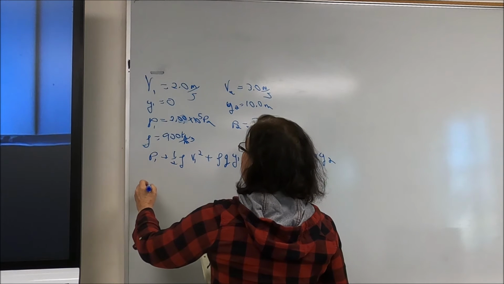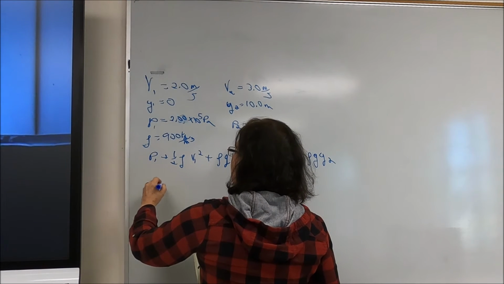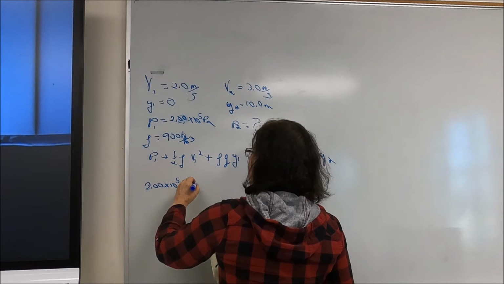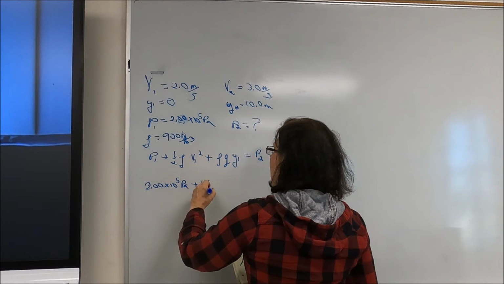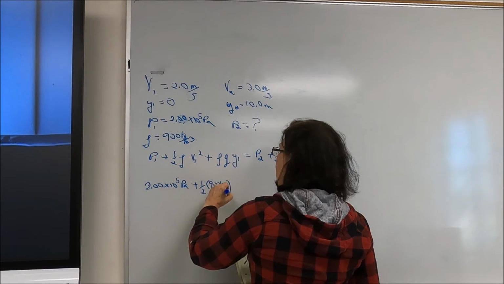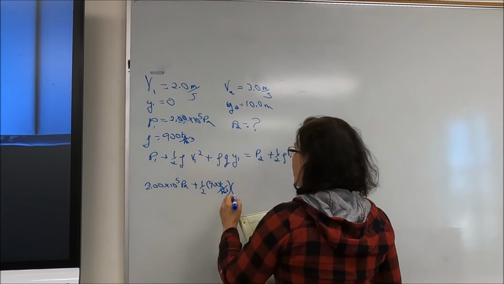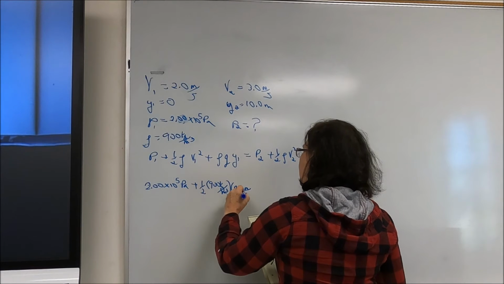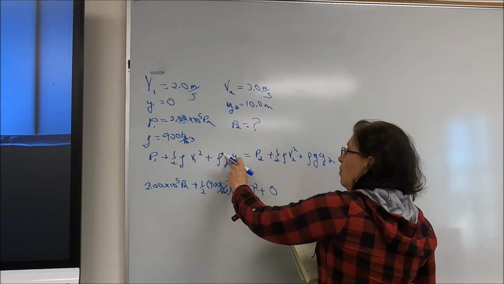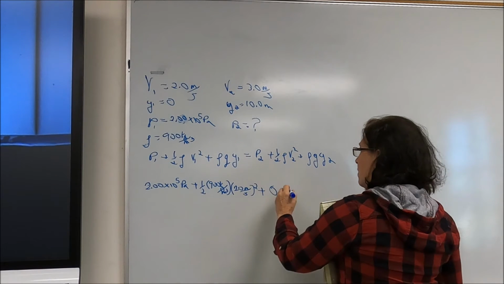So if I start plugging into this, P1 is 2 times 10 to the 5 pascals plus 1/2 times the density, 900 kilograms per meter cubed, times the velocity squared, as 2 meters per second squared. And this is going to be 0 because Y1 is 0.